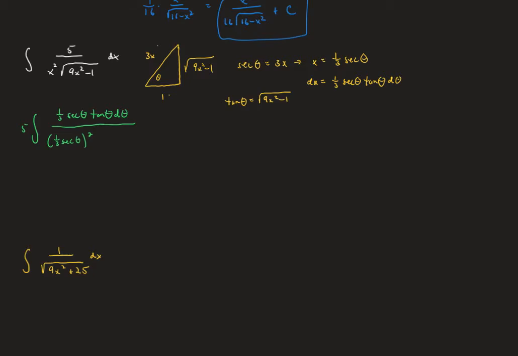Then our x squared is going to be the 1/3 secant theta quantity squared, and our radical is going to be a tangent of theta. So let's see, some good things are happening here. We can cancel our tangents. We can cancel one of the 1/3 secant thetas with one of those in the denominator. So that's going to leave us with, let's see, we've got our 5.